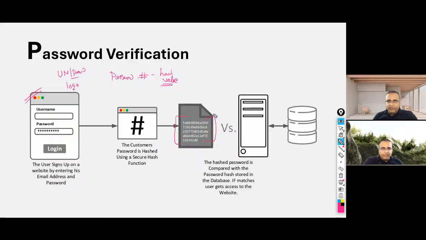This new hash value is taken and compared with the stored hash value. When both of them match, it means the password is correct. If both of them don't match, it means the password is changed. It is not matching out there. So that is how it is done, right?